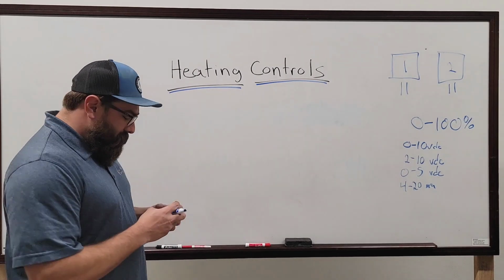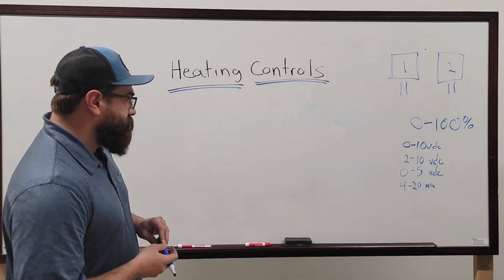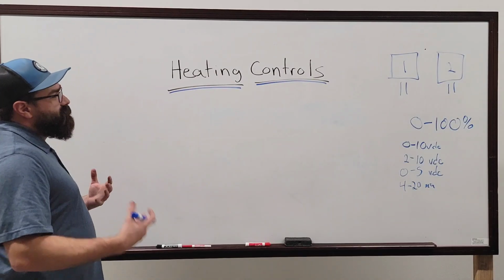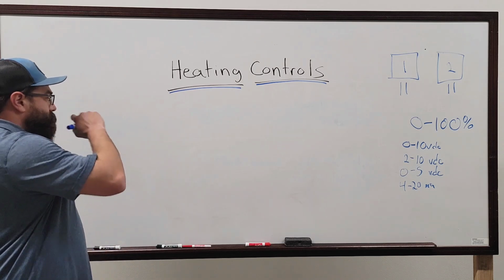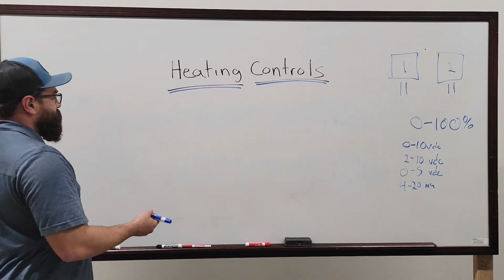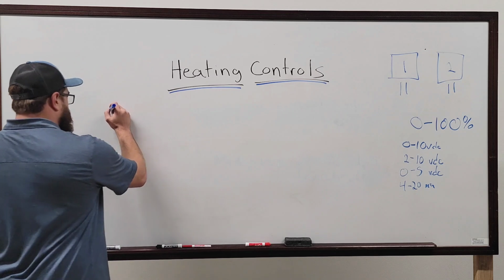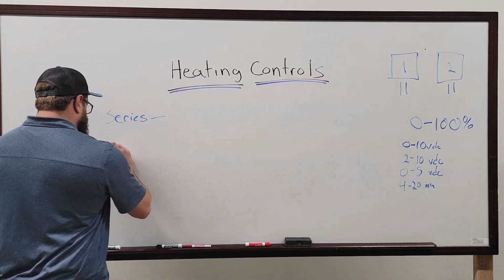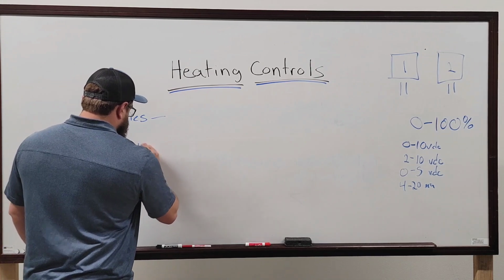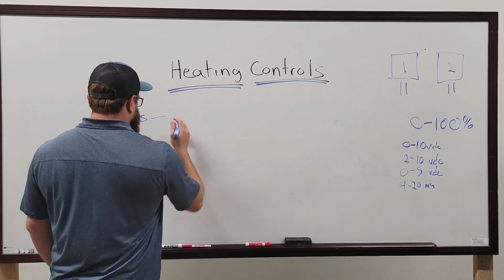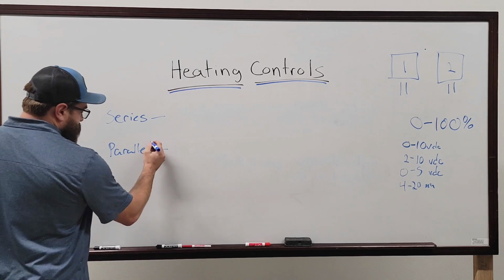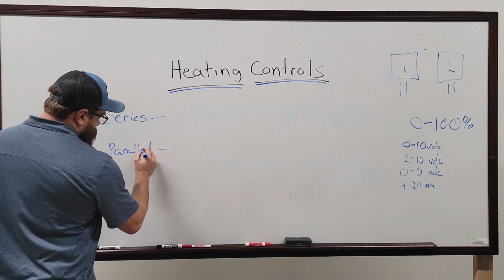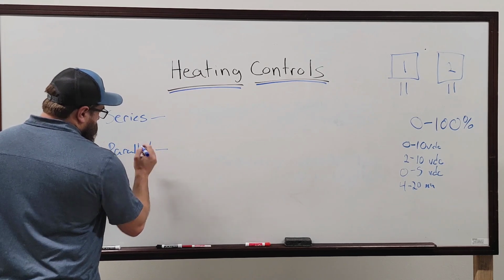But the way a fan power box or VAV would work, even regardless of if it's staged or modulating, there are two types of fan power boxes: series and parallel. That is the biggest difference in the two kinds of fan power boxes you will encounter.